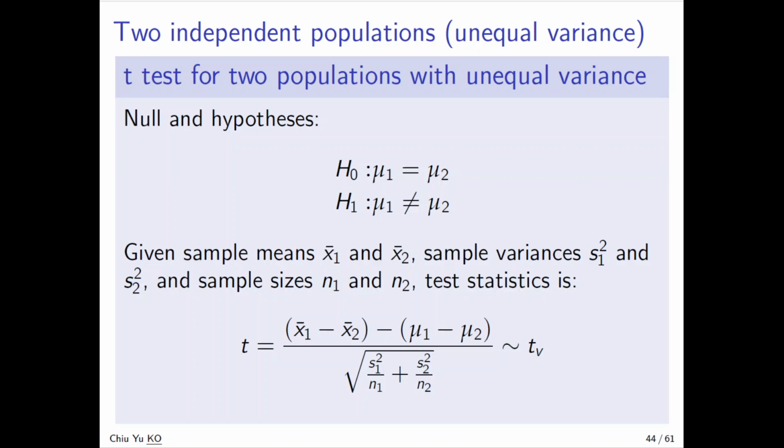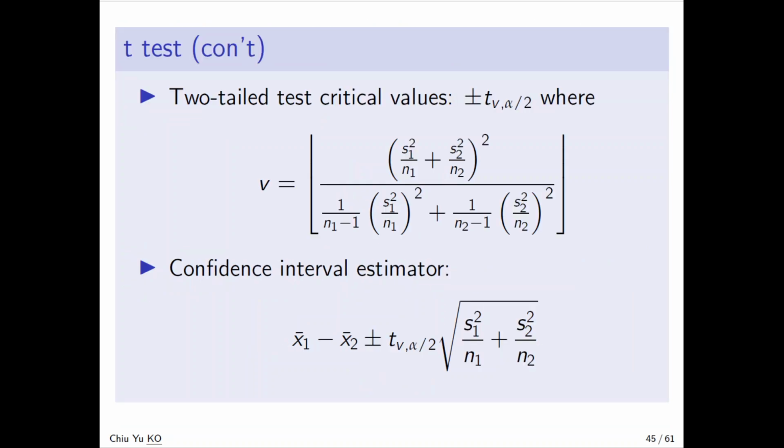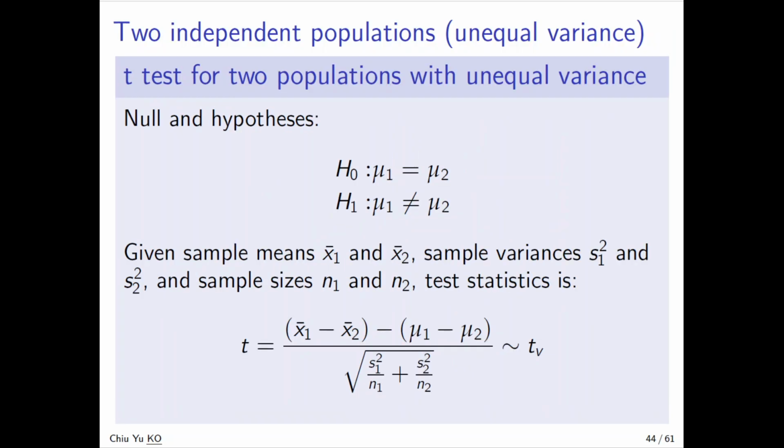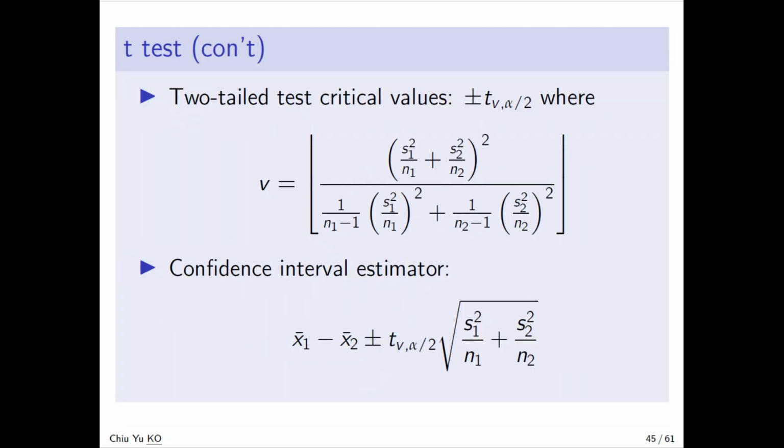So what is v? It's a rather complicated object again. This v is an integer function, so you just take the integer part of this. The numerator is the denominator of the statistic, squared, and over something even trickier: s1 square over n1, squared, over n1 minus 1, plus the same for 2, with 1 over n2 minus 1, and this is similar here.